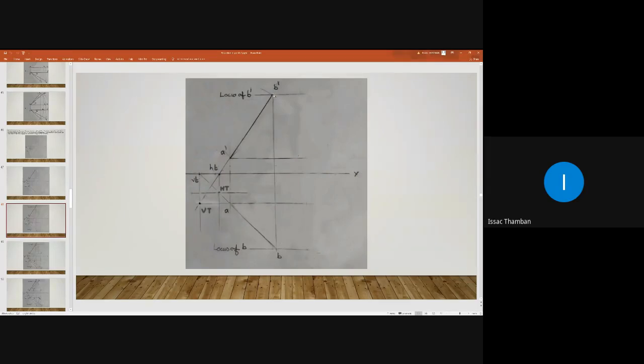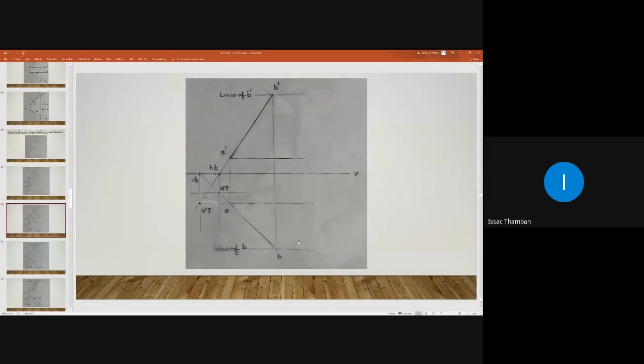So do it. After locating B dash, erect a perpendicular, that is our second end projector. This is our first end projector, and here we are drawing the second end projector. The second end projector is drawn through point B dash, and it is coming like this, and it is intersecting this inclined line here, and that is point small b.